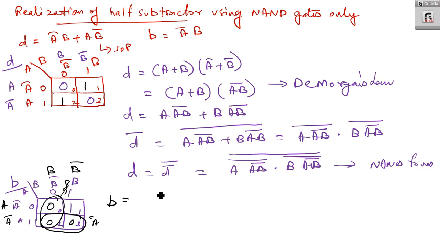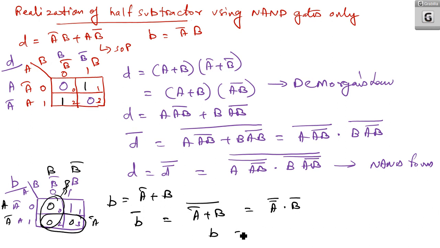So you can write B as A bar or B, right? So borrow is equal to A bar or B. If you are writing borrow bar, what is it? A bar or B the whole bar. That is A bar dot B bar. Therefore, what is borrow?